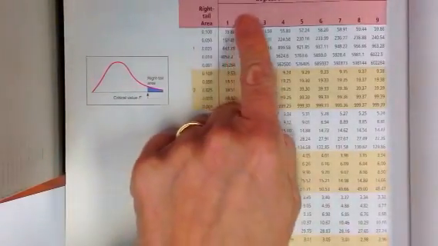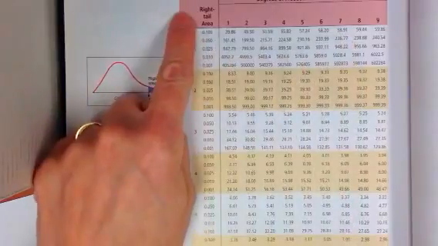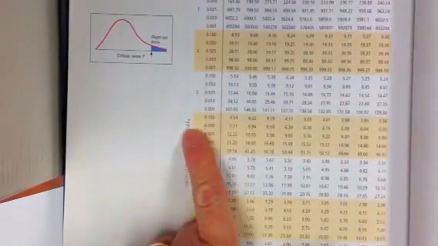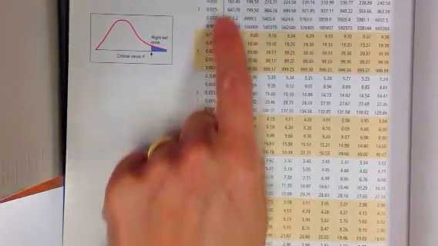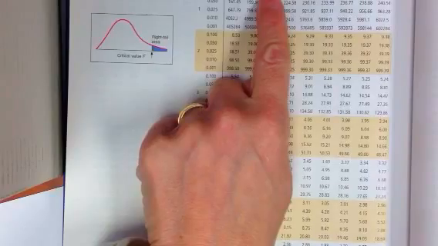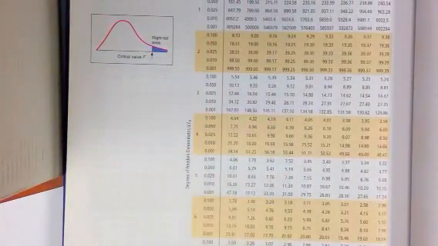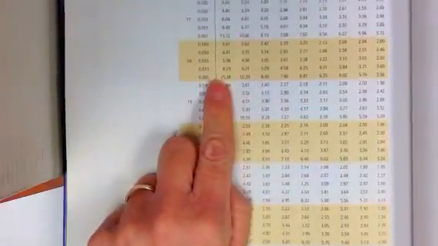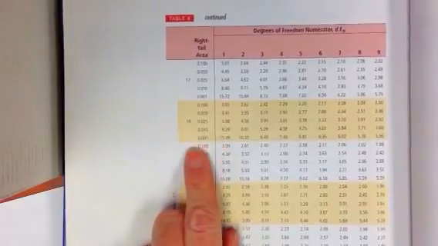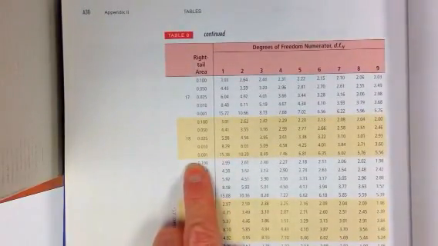Across the top is degrees of freedom numerator, and down the side is degrees of freedom denominator. Since our degrees of freedom for the numerator is 3, we first find the denominator and what page it's on. Ours was 18, so we turn the pages a little bit, and we'll see 18 for the degrees of freedom denominator.